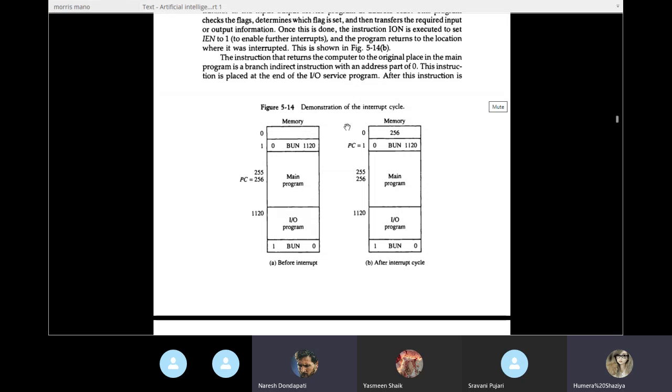First you go to the 0th address, then take the address where you have to resume the execution, that is 256, from the 0th location, and jump to 256. This is how the interrupt cycle is executed along with the IO program.